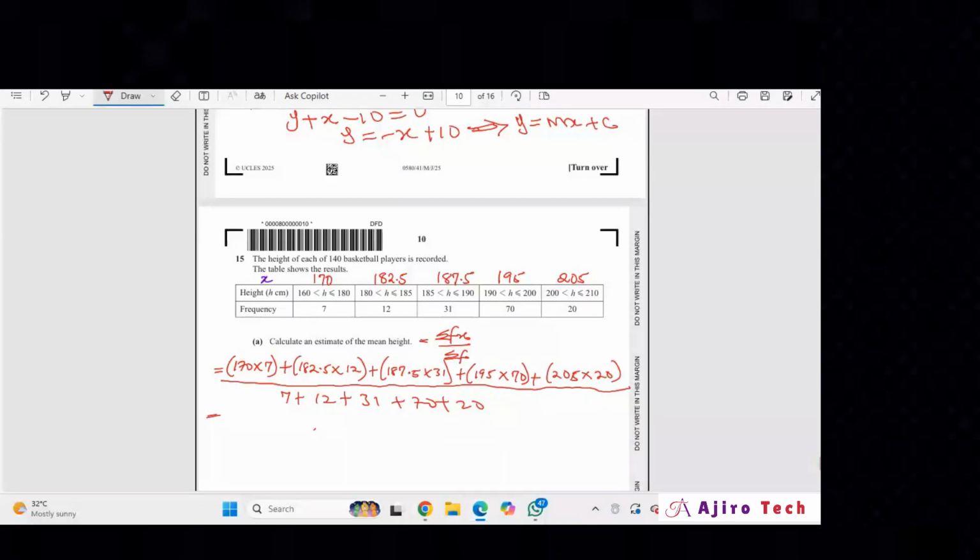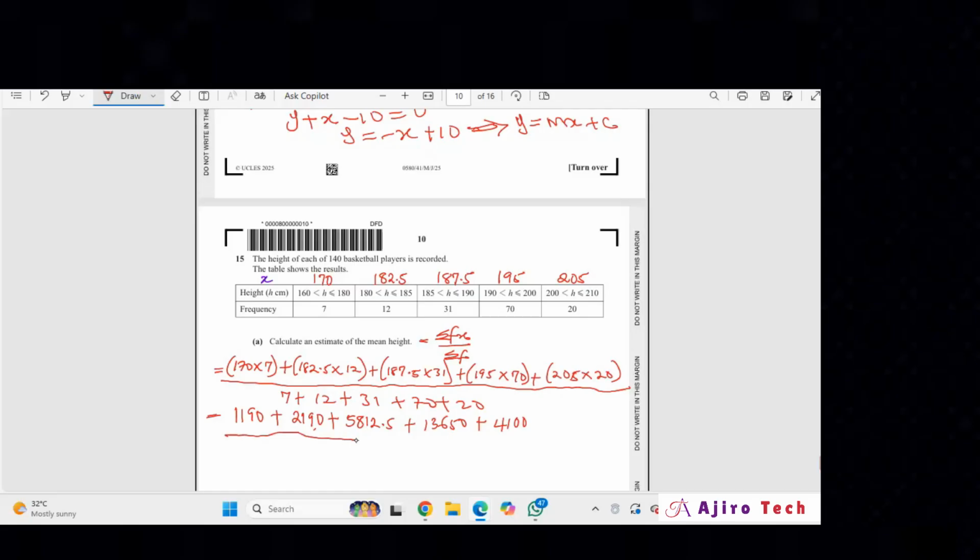Please, somebody try to do this calculation for me. So you do 170 times 7, that will give us 1190, plus 182.5 times 12, that is 2190, plus 187.5 times 31, that will give us 5812.5, plus 195 times 70, that will give us 13650, plus 205 times 20, that will give us 4100.